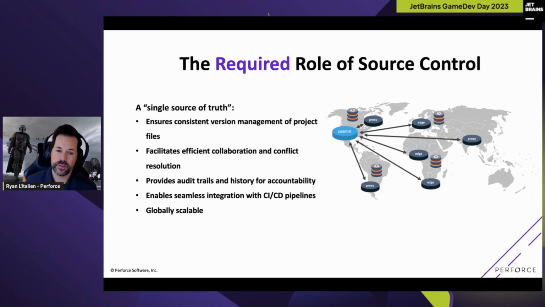Helix Core can keep all of those files in one location for easy access. Let's dive into Helix Core a bit more. In this picture here, we're showing that since Helix Core is centralized, all of the different types of scale on the global forefront, proxies, edges, replicas, they're all kind of pointing back to one master location. So you can control the flow of data in and out.